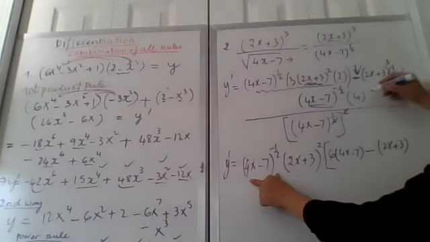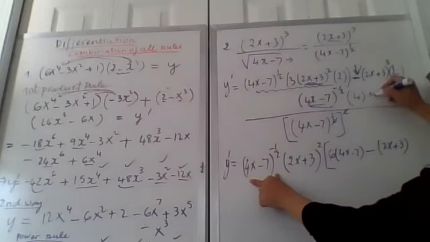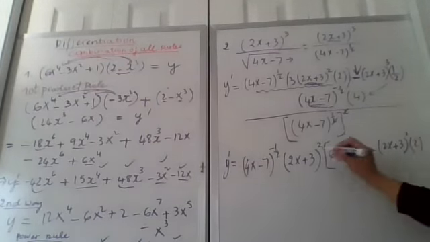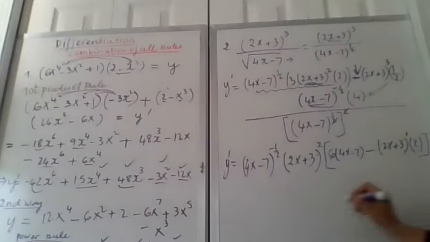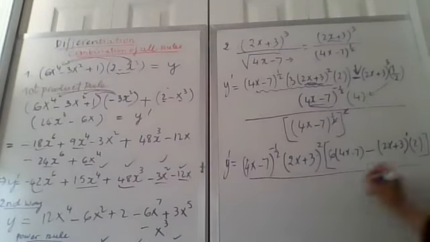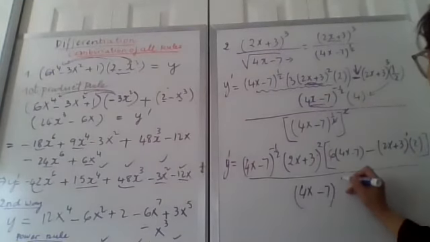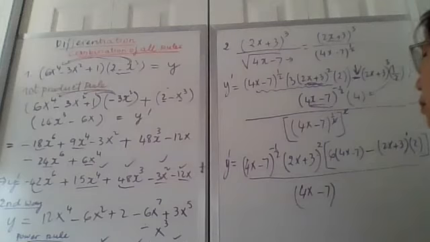Now we have 1/2 times 4. 1/2 times 4 is 2, right? So we times with 2. 2x plus 3 to the power 1. Okay. So now, all of this will be over 4x minus 7 to the power 1.